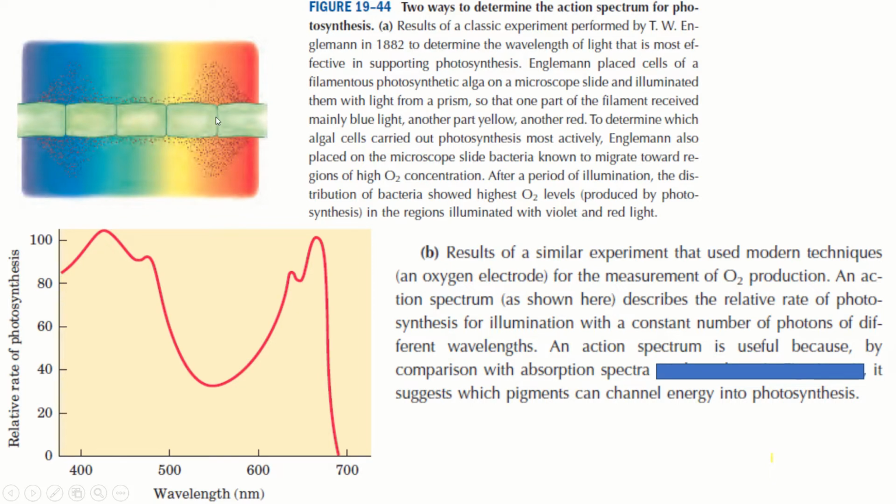So from this work, Engelmann found that most of the photosynthesis takes place in the violet, indigo, blue region and also in the yellow, orange, red region, simply because photosynthesis releases oxygen and these microbes move to those places where there is more oxygen. That is an old story.